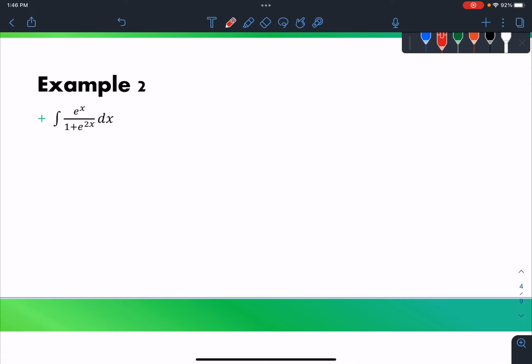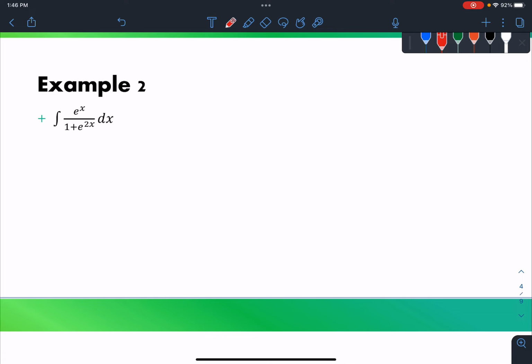And then we derive this one. The derivative of e^x is e^x dx. Then we substitute. So this e^x dx is du, divided with our 1, which is a squared, and then e^(2x) is u squared.